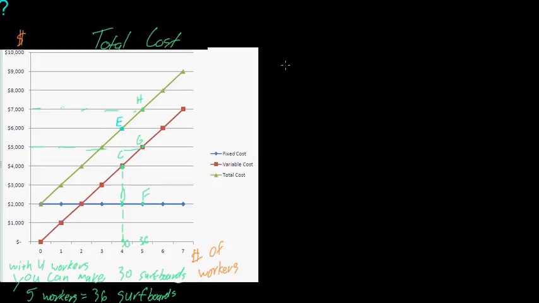So I want to know what is the marginal cost of, let me write this out a little more clearly. Assume you're producing 30 units of output, producing 30 surfboards.